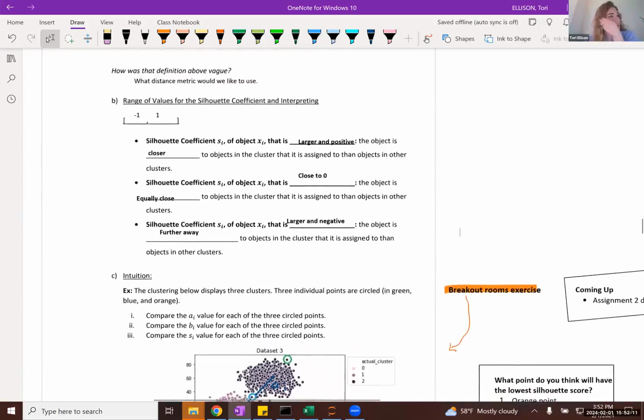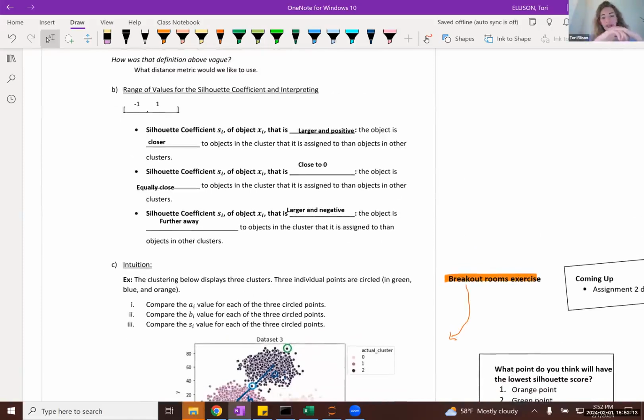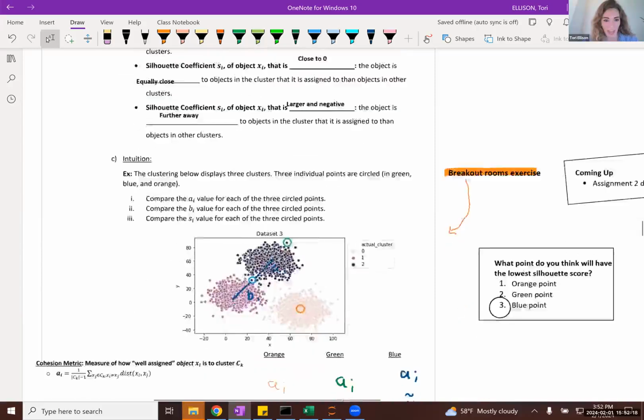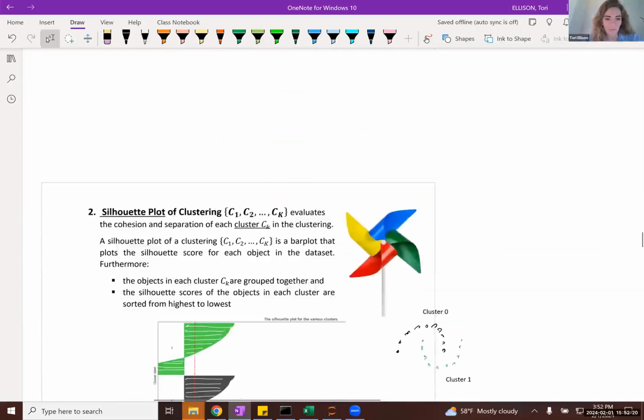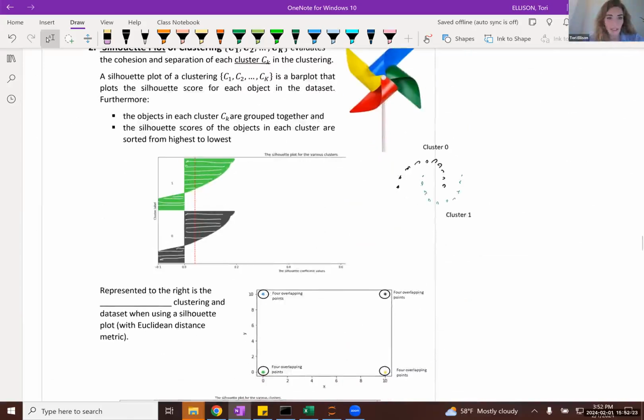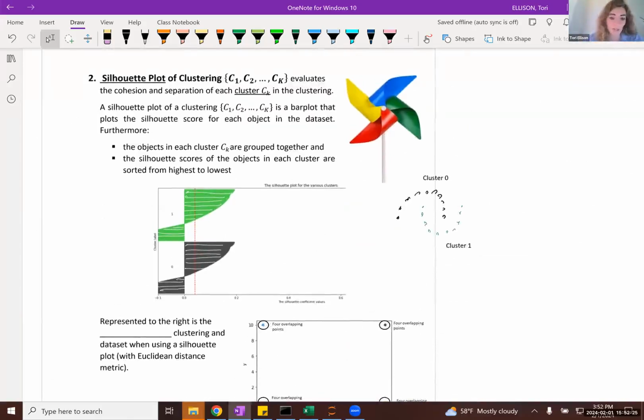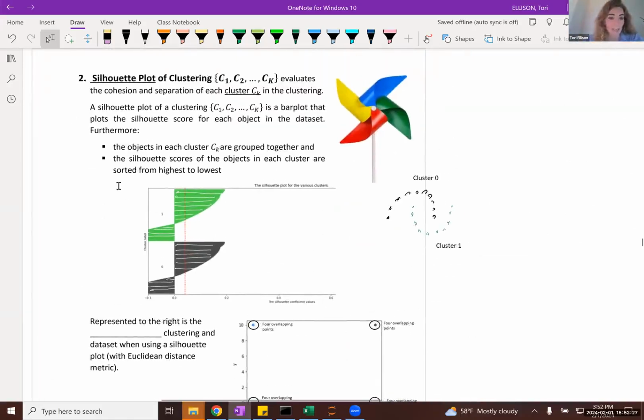All right, so again, this is how we evaluate the cohesion and separation of an individual observation. And like we discussed on Tuesday, you can compile all of the silhouette scores for each observation in the data set and basically put it into a sorted bar plot, also known as a silhouette plot, to learn more about the overall clustering of the data set, as well as examine the overall amount of cohesion and separation for each of the clusters within that clustering.